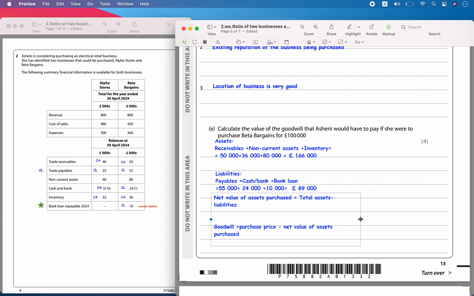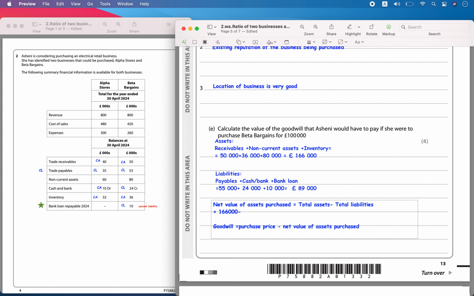Total assets minus total liabilities is 166,000 minus 89,000, so that value is equal to 77,000.